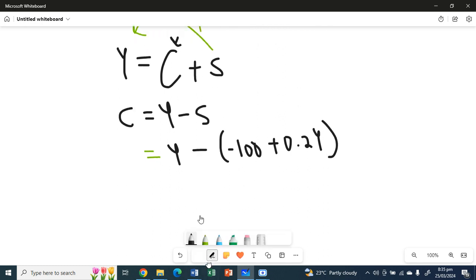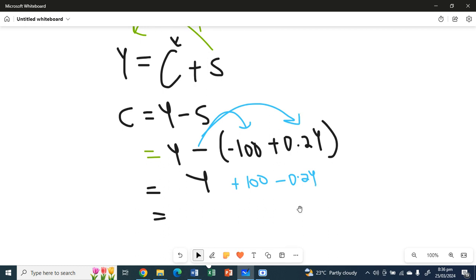So the first thing you need to do is to distribute the negative sign. Negative 1 times 100, that's positive 100. Negative 1 times 0.2Y, you get negative 0.2Y. So here we've got our Y. We're going to operate with the like terms.